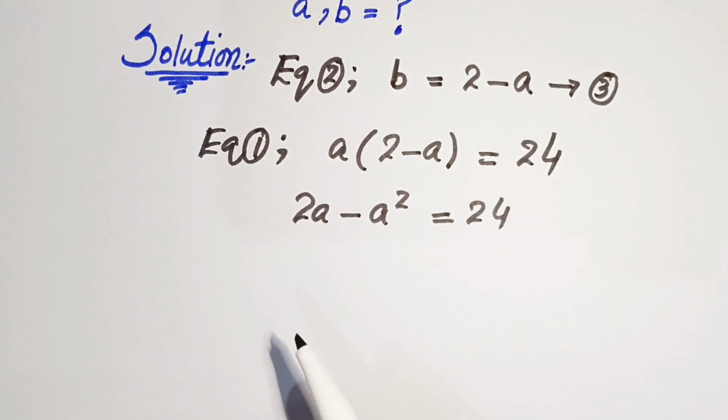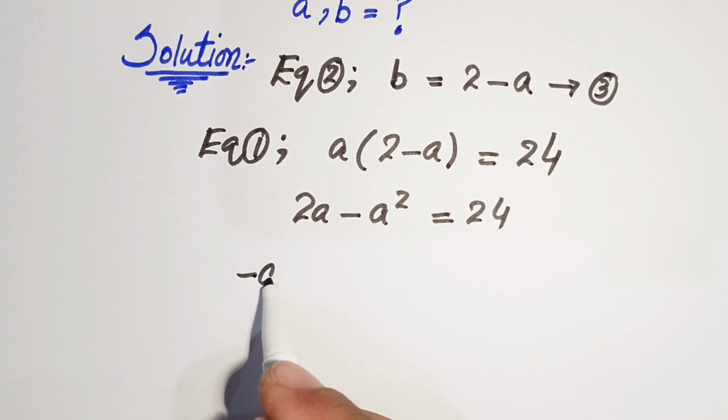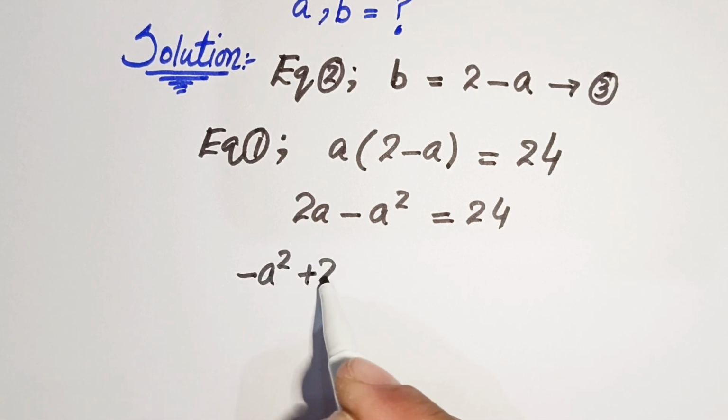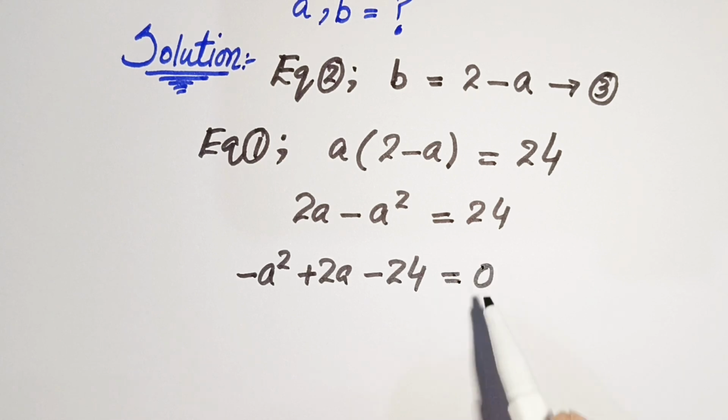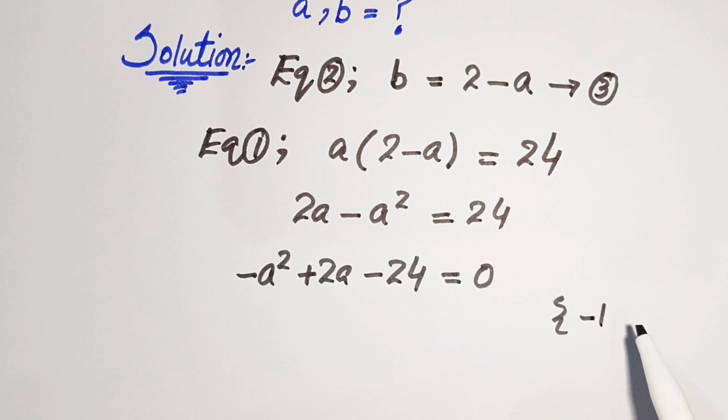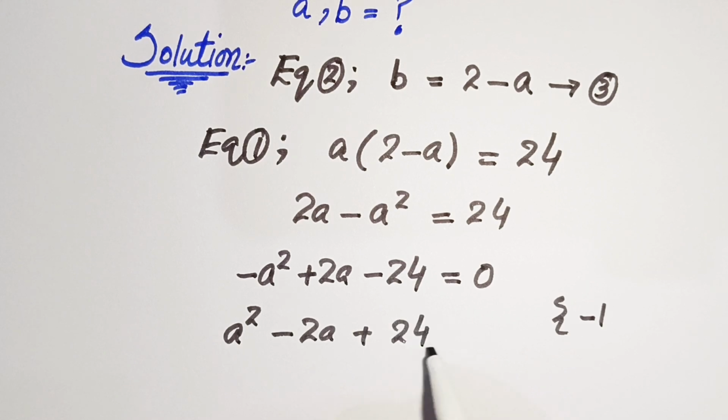Here this minus a squared plus 2a, and shifting this one we will get minus 24 is equal to 0. Now if we multiply minus 1 on both sides, then we have a squared minus 2a plus 24 is equal to 0.